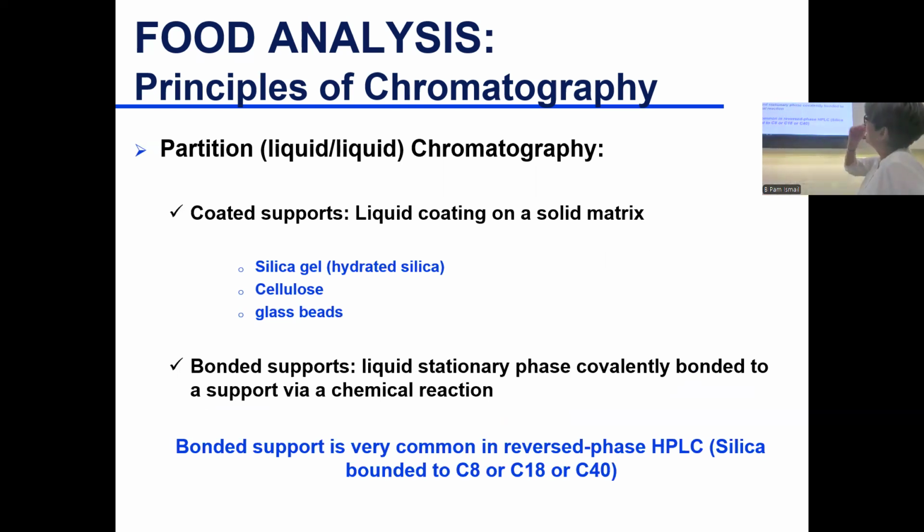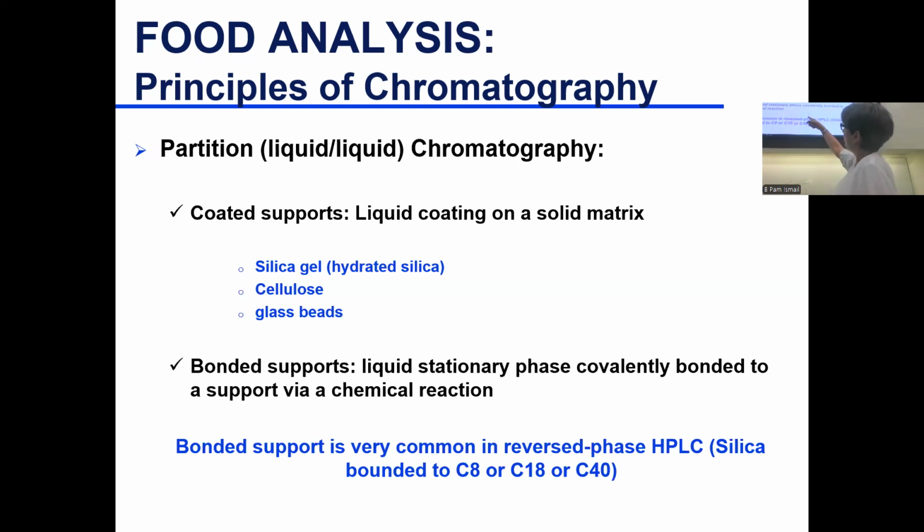So you have coated support. Sometimes you have the silica gel and then you have hydrated silica, impregnated with water. Then this is your normal phase chromatography. Sometimes you have bonded. So either coated, impregnated just with water, wetted, for example, or bonded.